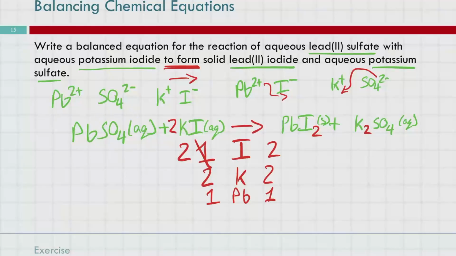Sulfate is a polyatomic group, and our sulfate group is sticking together, so SO4. We also have 1 on the left, and 1 on the right. So everything is nice and balanced, and all we had to do is add 1 single 2. That's about as easy as it gets, other than it just already being balanced, which does happen sometimes. It's just rare.